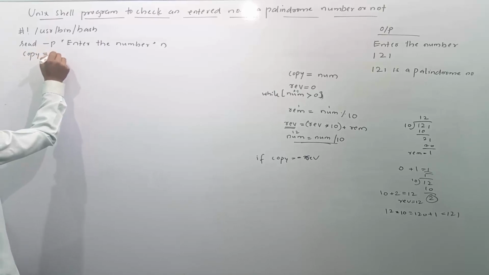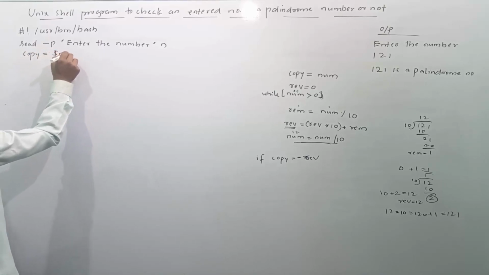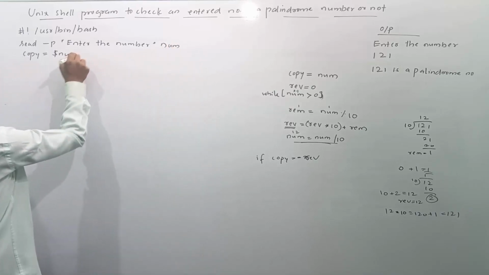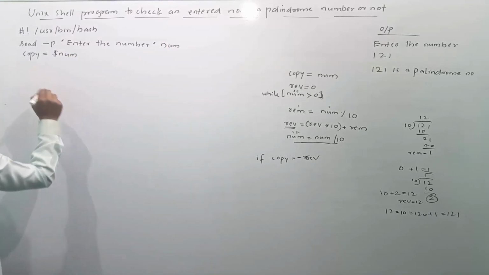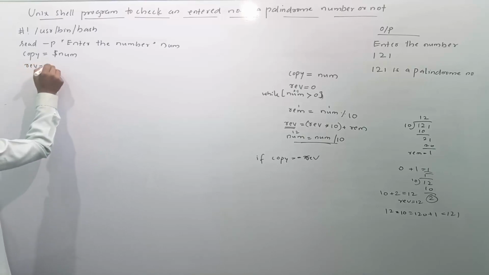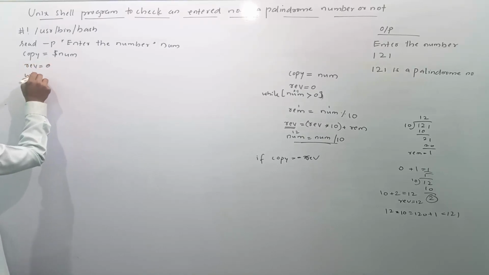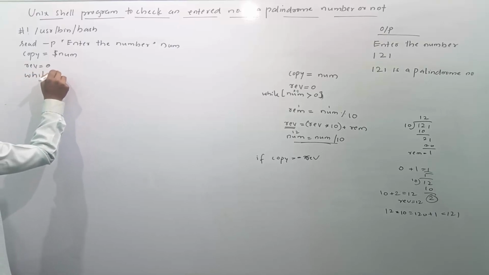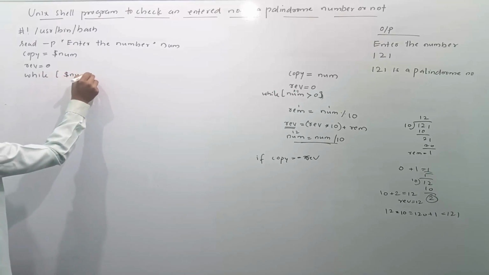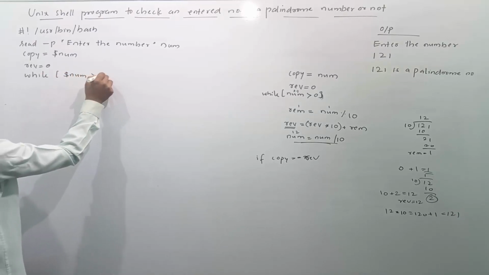Copy is equal to $n, let's take this as num. Okay, next I will initialize 0 to the reverse variable, and I will start a while loop which will execute until the value of num is greater than 0.